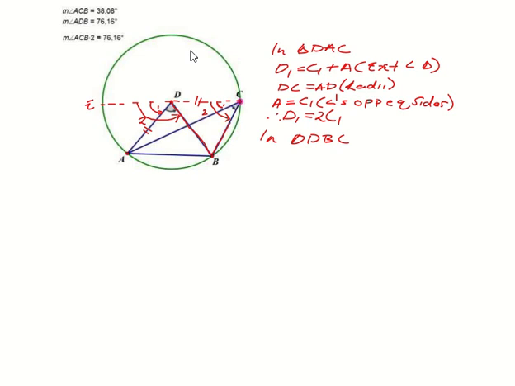Here's triangle DBC, and the exterior angle is D2, the bigger angle. So in DBC, D2 is equal to, remember C2 is the bigger angle in triangle DBC, it's equal to C2 plus B, right?